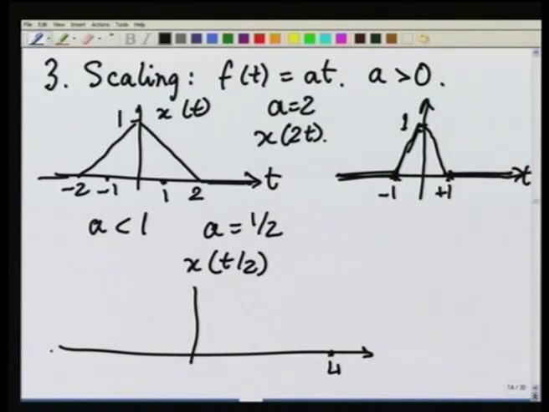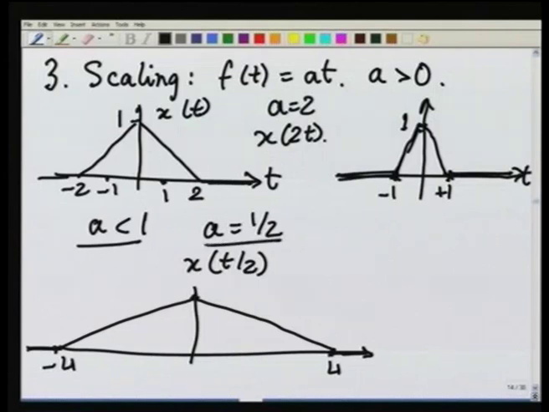Salient point at minus 2 would go to minus 4, the point at 0 would remain at 0. So, we would have a function that is 0 up to here, then increases linearly up to this point, decreases linearly up to this point, and then stays at 0. This is for a less than 1, in particular a equal to half. Dilation is also sometimes called time scaling.